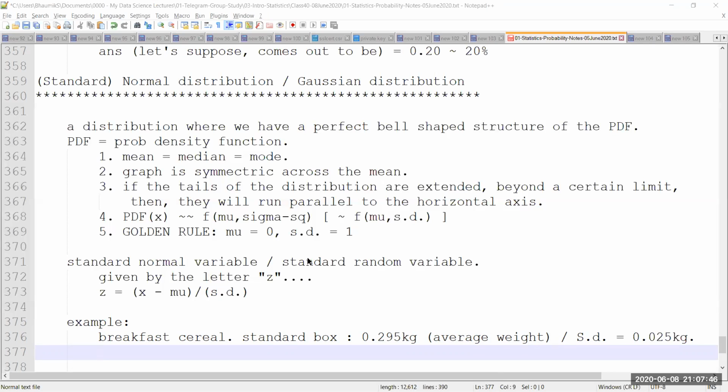Why? Because if people find out that this is not actually the weight, if there are boxes where 0.295 kg is not being sold to you for XYZ money, then you will get angry, and then you might write some kind of bad reviews about the company, or you might write letters to the consumer forum.